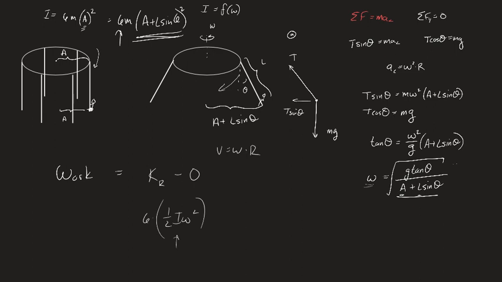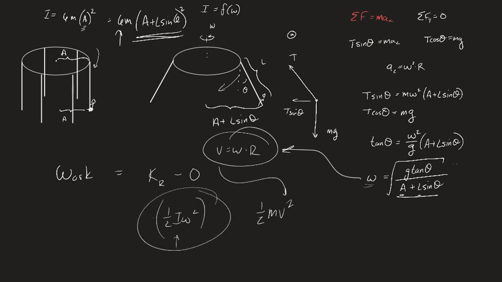So let me take that 6 away. Or you can use this and do 1/2 mv squared for each person, but then you would have to use this to find v. I'm going to do this one. There's a couple reasons for it, but one, I spent all that time setting up what the moment of inertia was, so I want to do it that way.